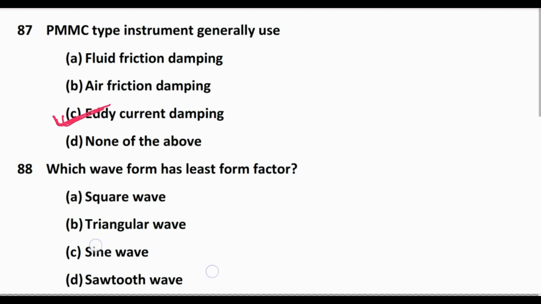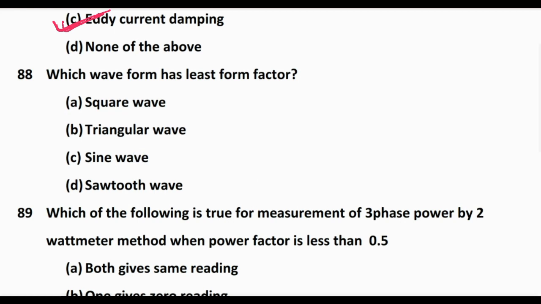So next question is, which waveform has least form factor? You can remember these things or you can calculate. My suggestion is to remember these things. So for a symmetrical square wave, this one is the symmetrical square wave, the form factor will be 1.